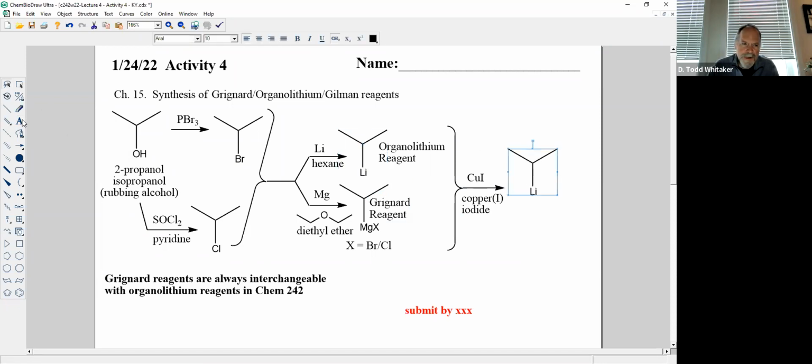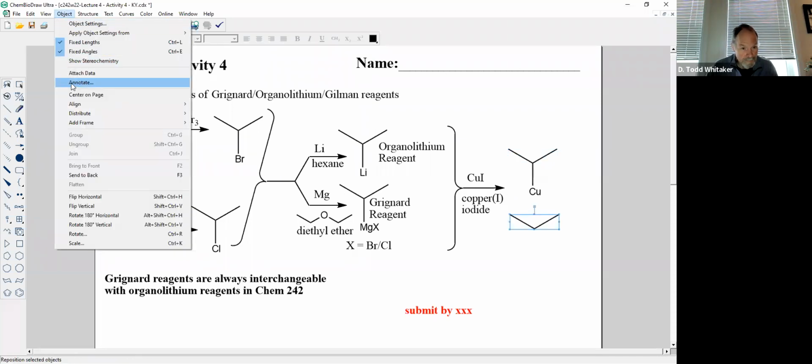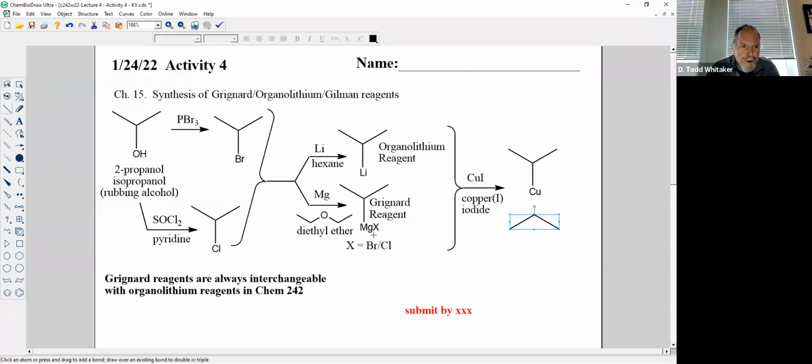You're going to make this, but you're not done. And it's going to have another one of these underneath. Anyway, it's got two of those. So it's got stoichiometry here. You need two of these to make this, or two of these to make this.